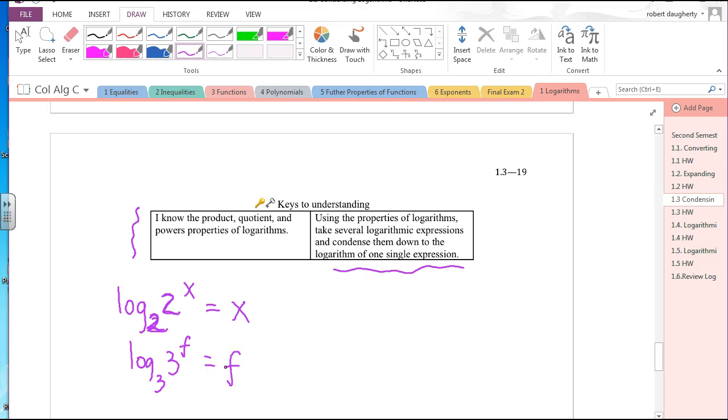So you've got to know that. The log base 0.5 of 0.5 to the z is what? It's z, okay? So you've got to be able to recognize that, okay? Anytime you have the log base something of that number raised to a power, your answer is whatever that exponent is, okay? So be sure you recognize that. Okay, you should be able to get started on the homework.